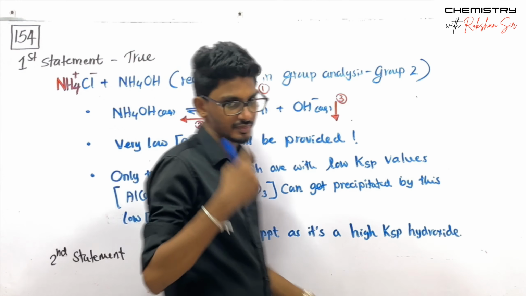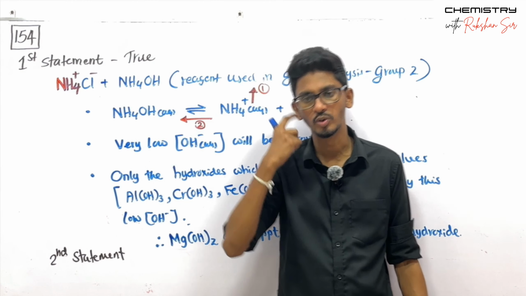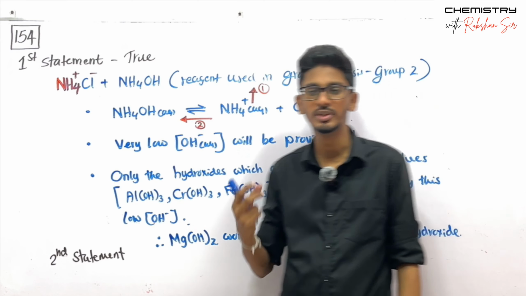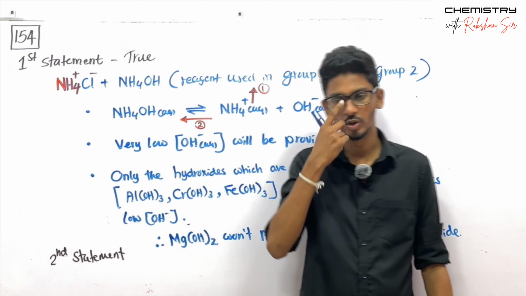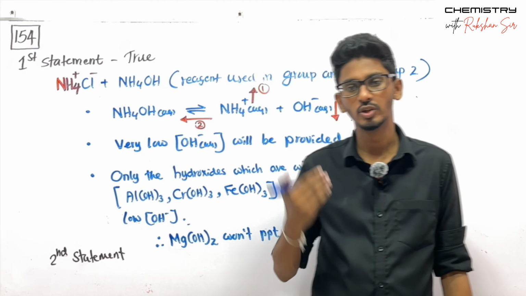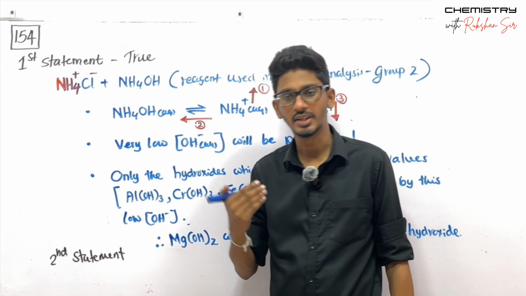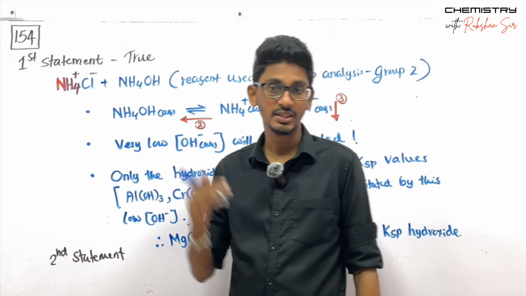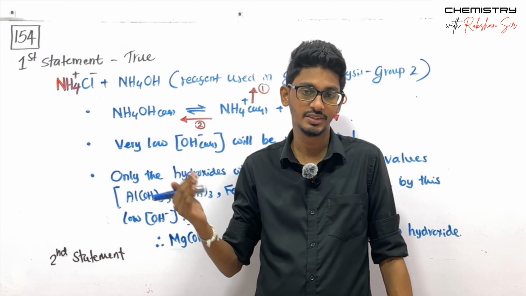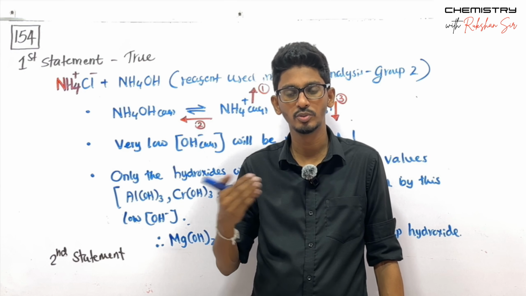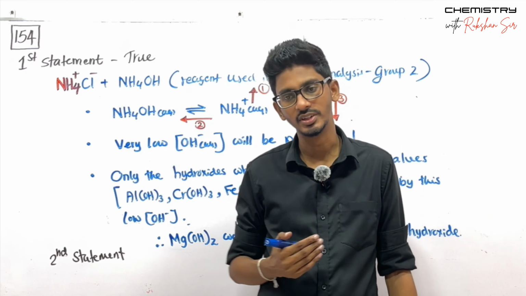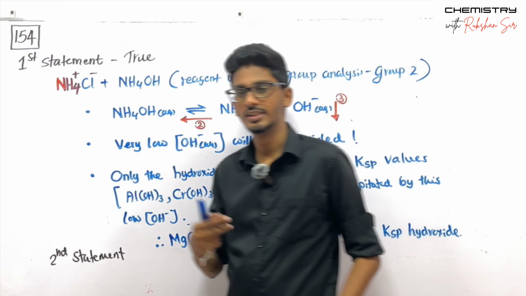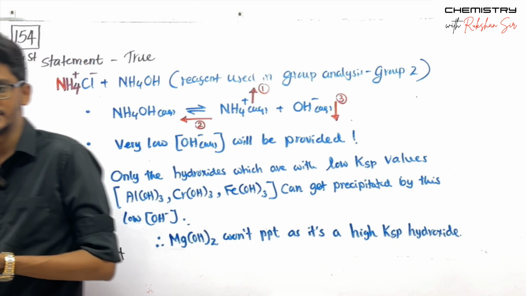To dissolve in excess ammonia, your metal hydroxide should come from a D7-D10 cation. Magnesium 2 plus is not a D7-D10 cation, so it has nothing to do with solubility in ammonia in this case.